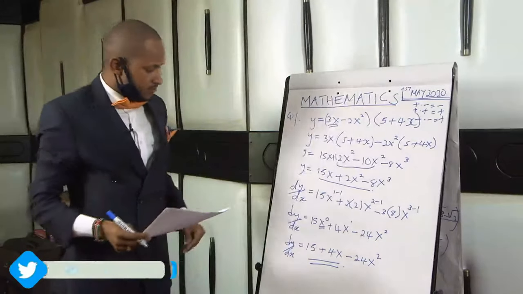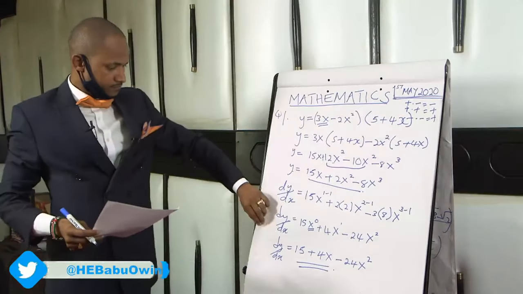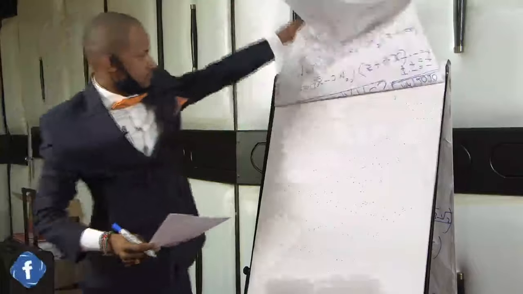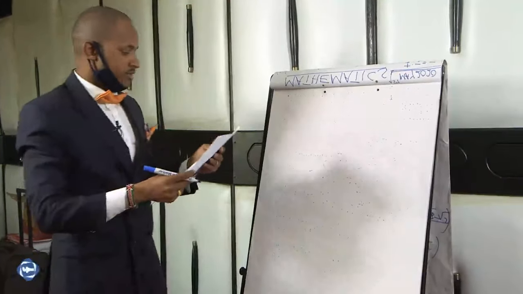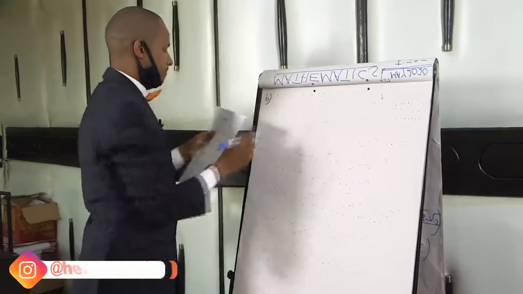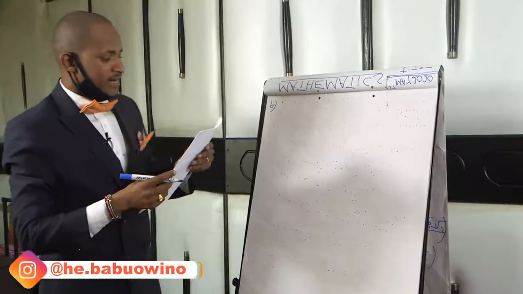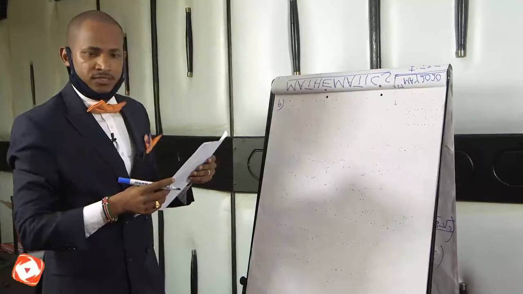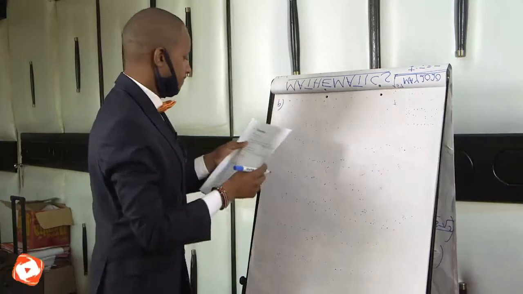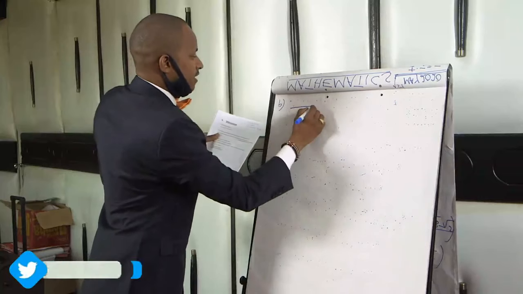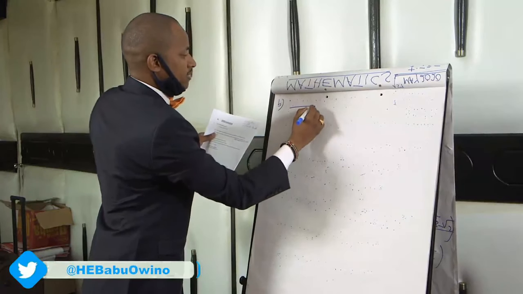Proceeding to part B of the question. Part B of the question is: a diver leaps from a diving board 32 meters above the surface of a swimming pool. So if this is the surface of a swimming pool, then the diver leaps.